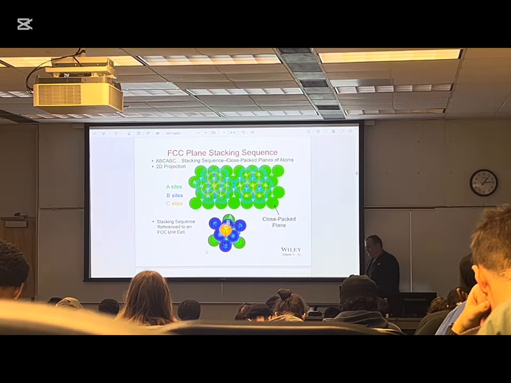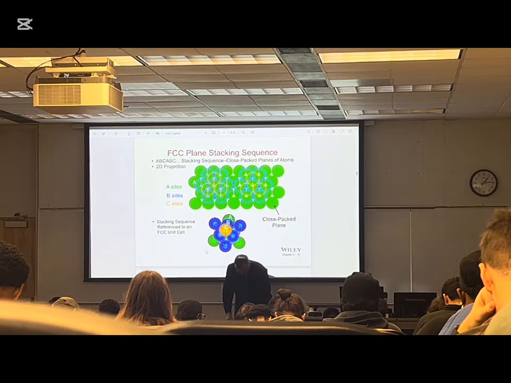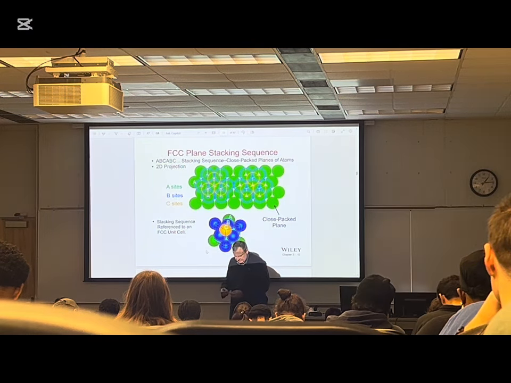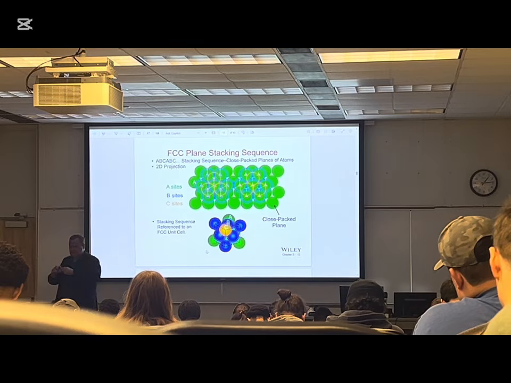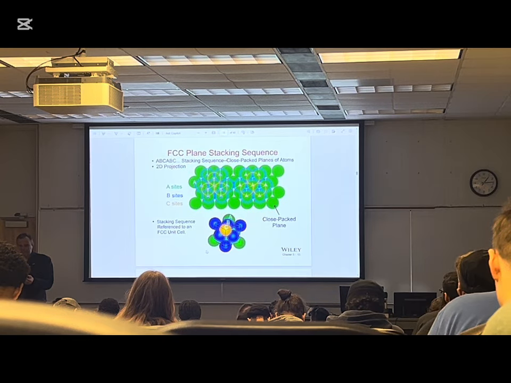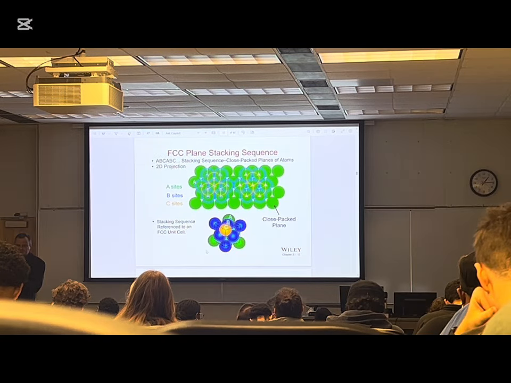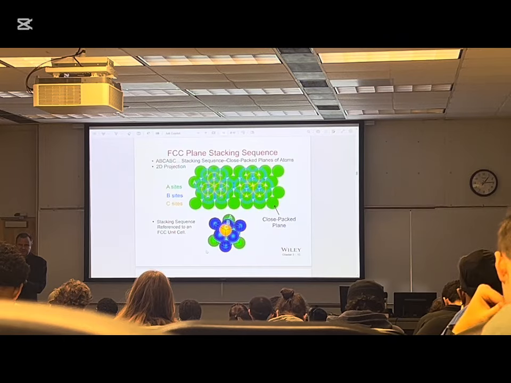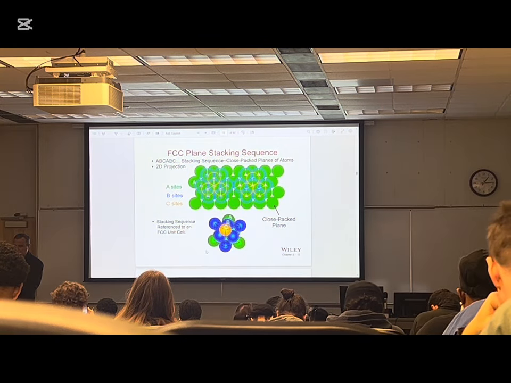Now here comes the handout. And I'm going to explain to you what this physically means. This is a close-packed plane. And then the next plane comes into this little indent like this. So you can see that, for simple cubic structure, we have an atom on top of an atom.